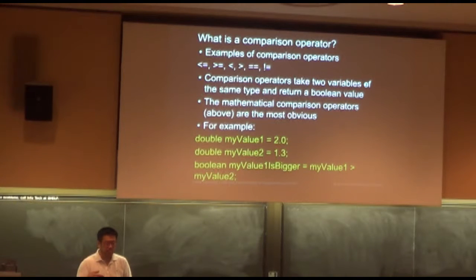The type in Java is written boolean. But this is a type, so this is just like int or double or float. So I'm declaring a variable of this type, and I'm assigning it the output of this comparison. Okay.